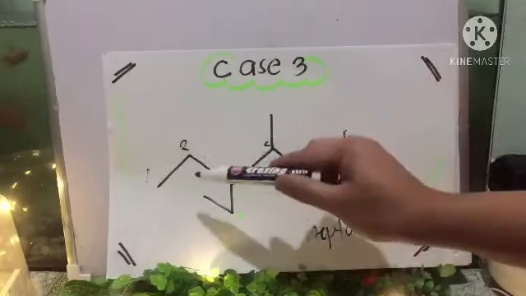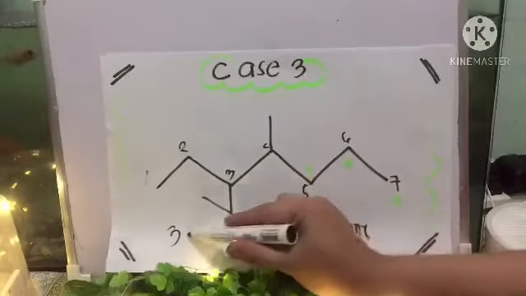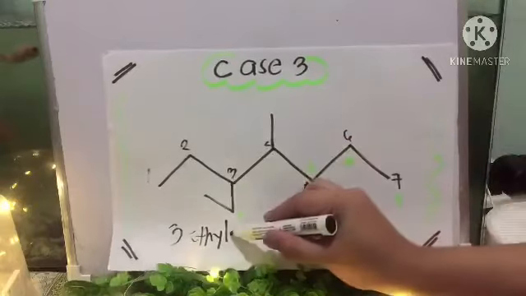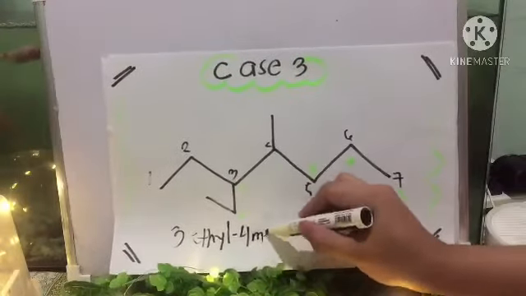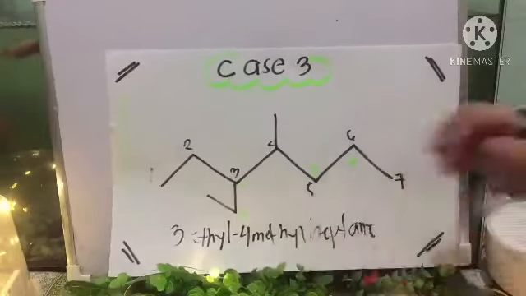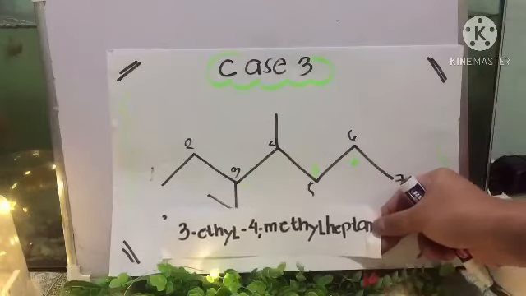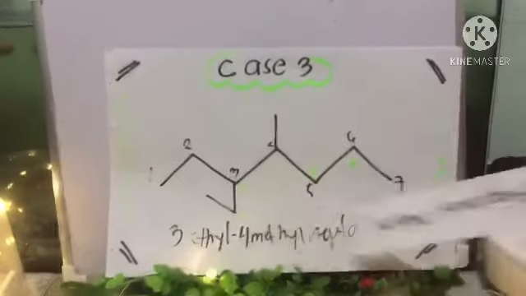So we have 3 at ethyl and 4 at methyl. So this is the name of the structure. We have 3-ethyl, 4-methylheptane.